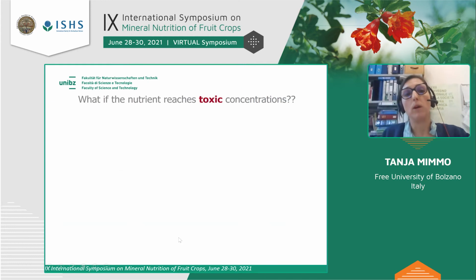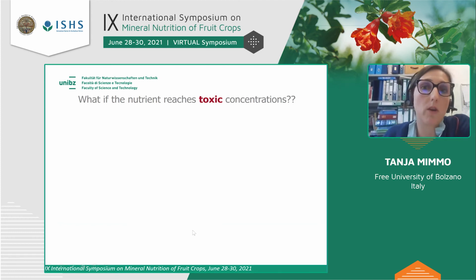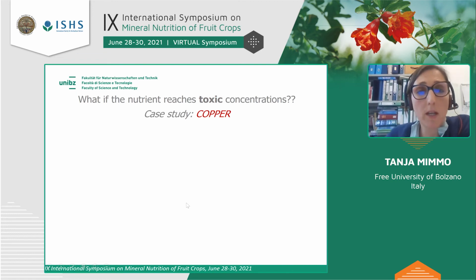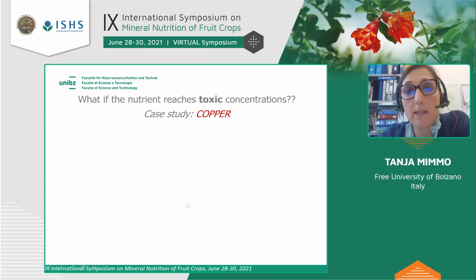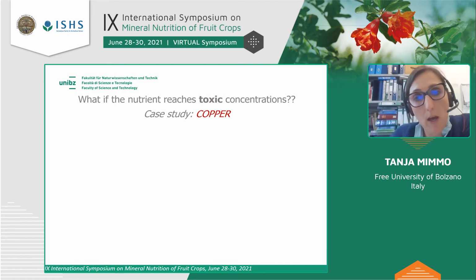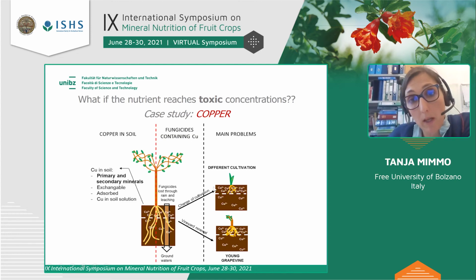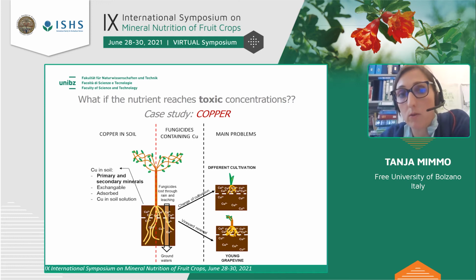But obviously, what happens if a nutrient reaches toxic concentration? That also happens very often in agricultural soils. And here I want to show you a case study, namely copper. Copper is a problem in many agricultural soils, especially in apple orchards and in vineyards, due to the application of copper-containing fungicides.